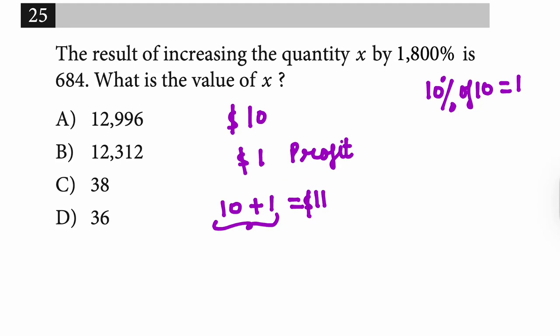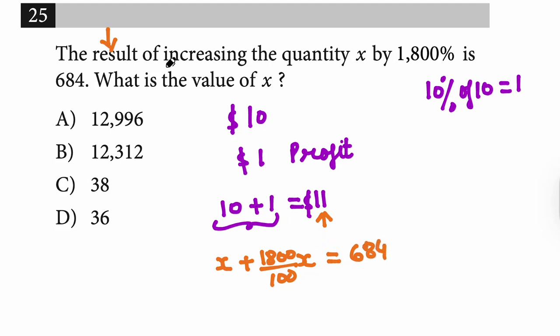Now let's compare it with our question. What is asked? The result. Here $11 is the result. So the result of increasing the quantity X. So what is 10 here? That is X, quantity X, by 1800% of X. That result is 684.